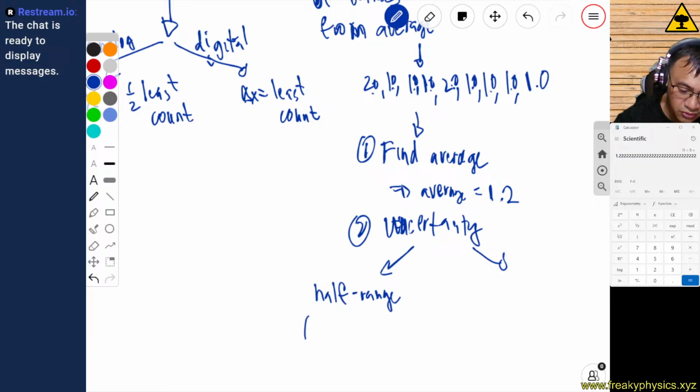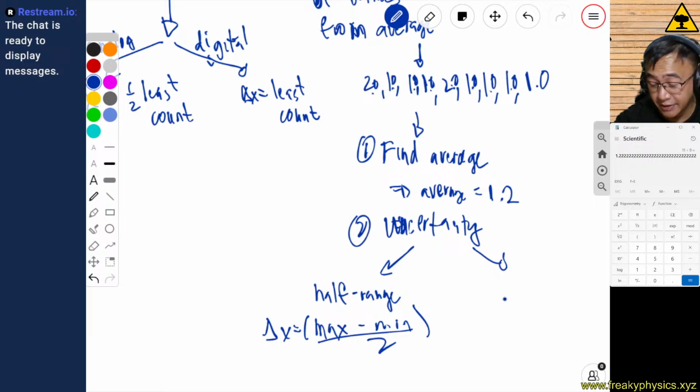This is your maximum minus minimum value divided by 2, and that's your delta x. The other one is a better way, but for the most part we don't do this, because like I said, the half range technique is easier. The uncertainty here could be the maximum difference from the mean, or from the average.